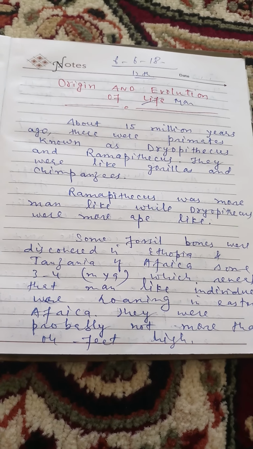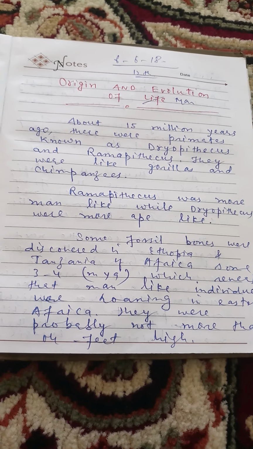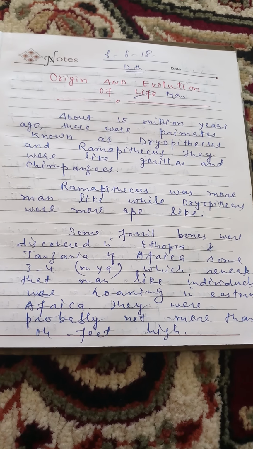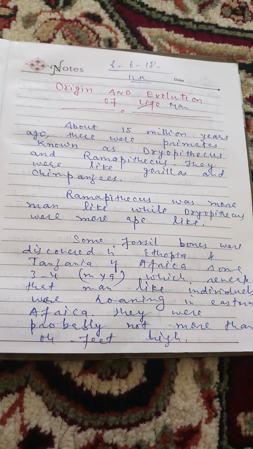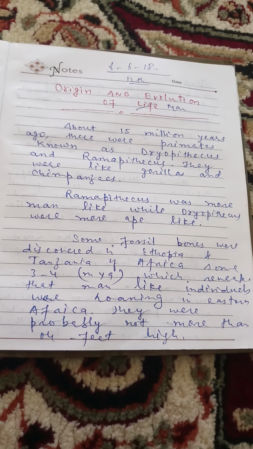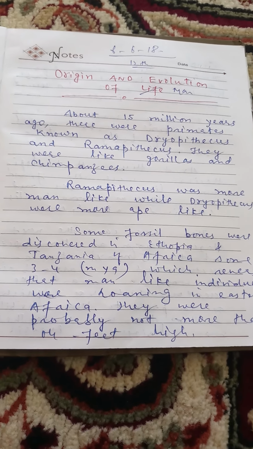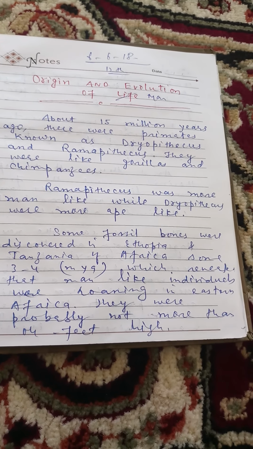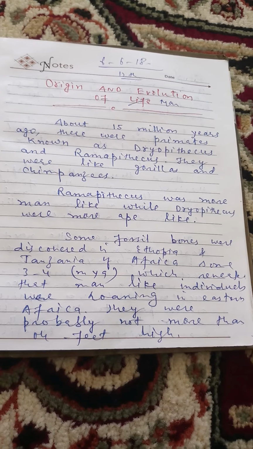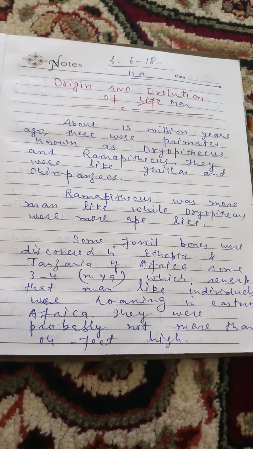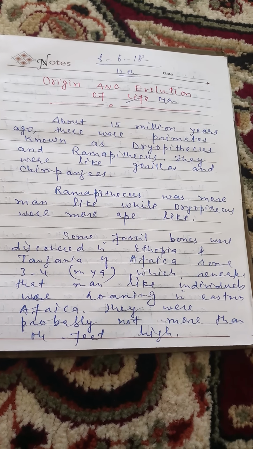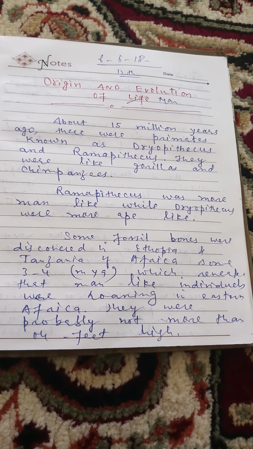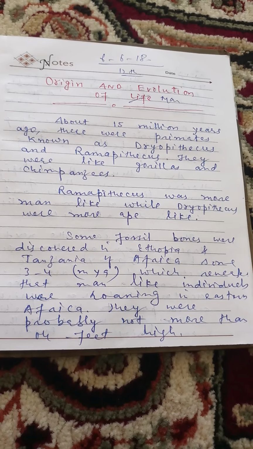Some 3 to 4 million years ago, that is 30 lakh or 40 lakh years ago, some fossil bones were dug out by the scientists, and those fossil bones revealed that man-like individuals were roaming in eastern Africa. They were probably not more than 4 feet high.